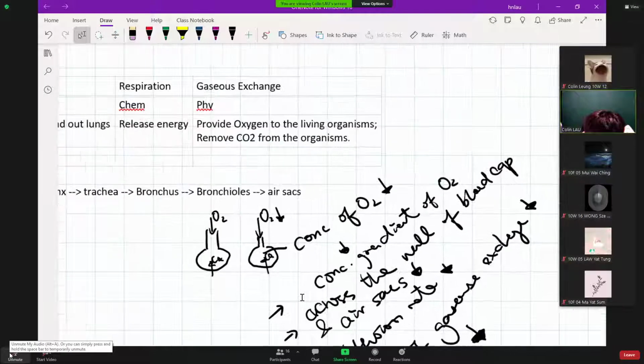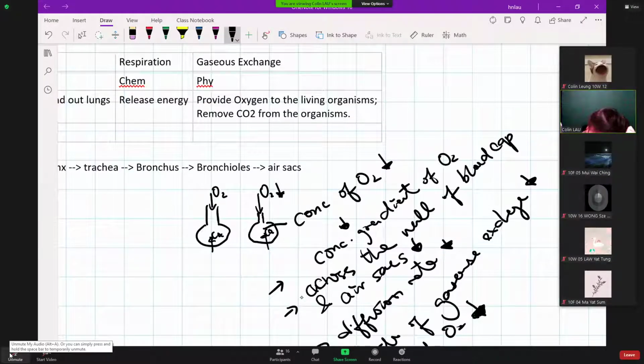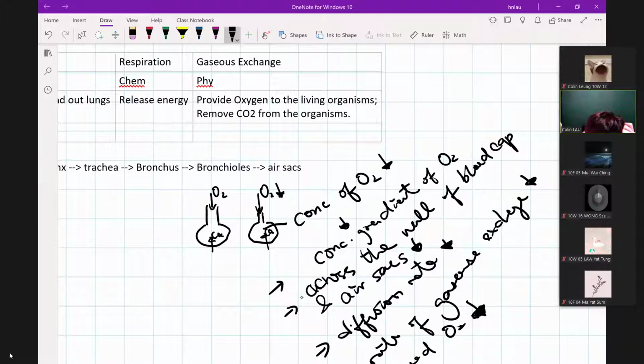So we are talking about just a change in the lumen size here of the bronchioles, but ASX is still that big.